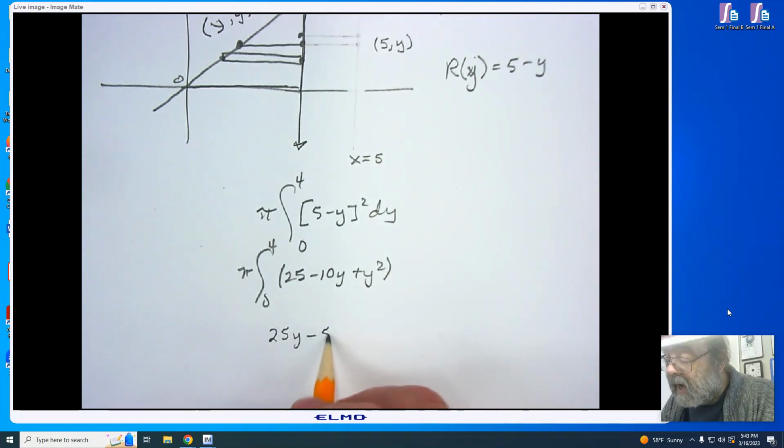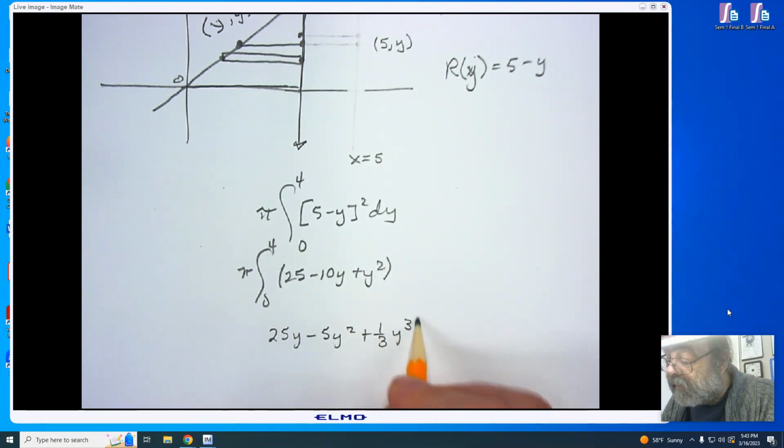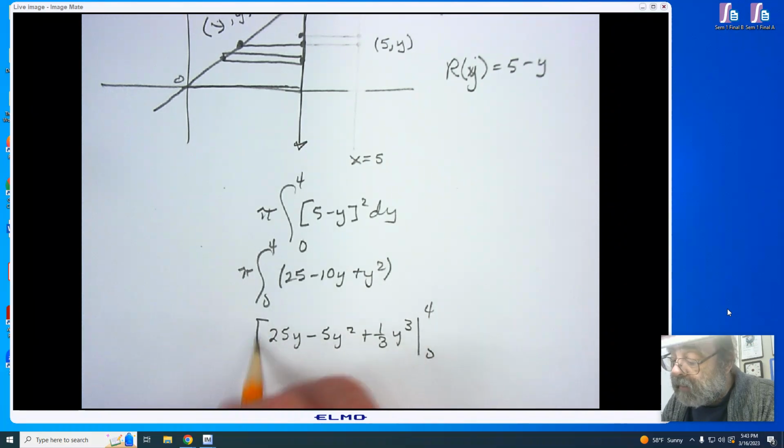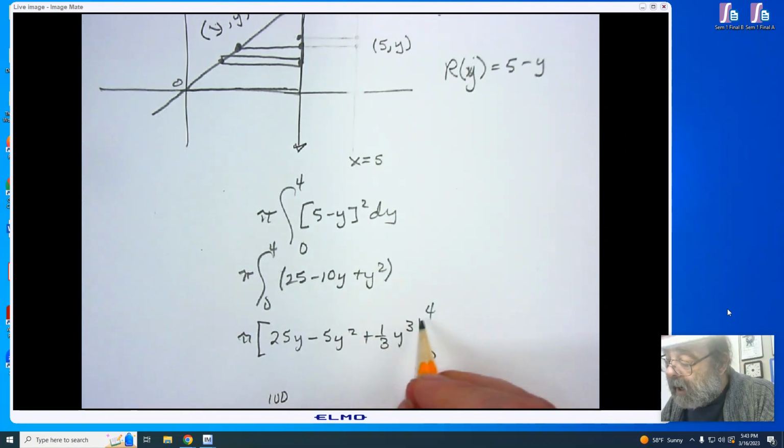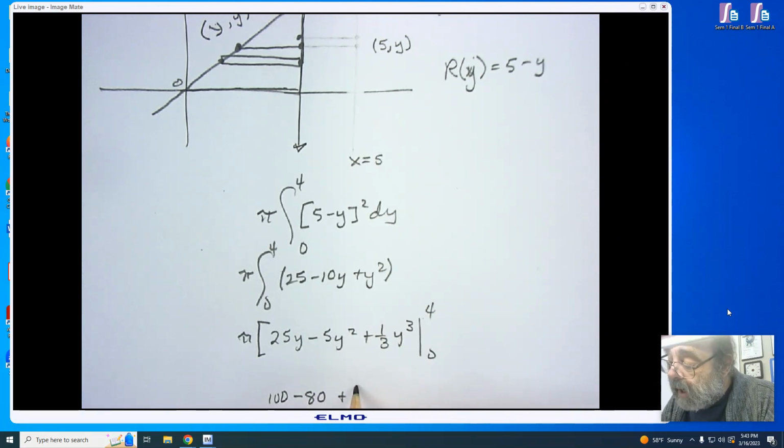(25y minus 5y squared plus 1/3 y cubed from 0 to 4 multiplied by pi. And now I'm going to have to figure out what this is. 4, that's 100. 16, that's minus 80, plus 64 thirds.